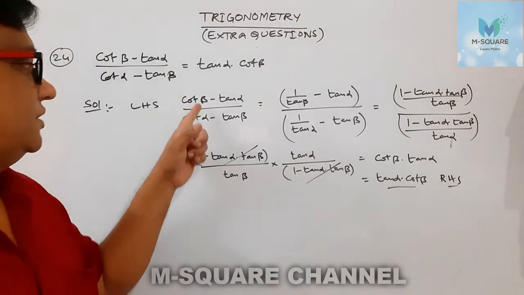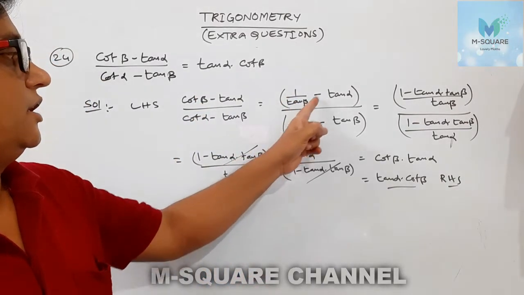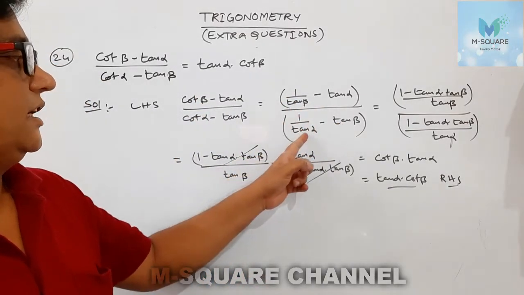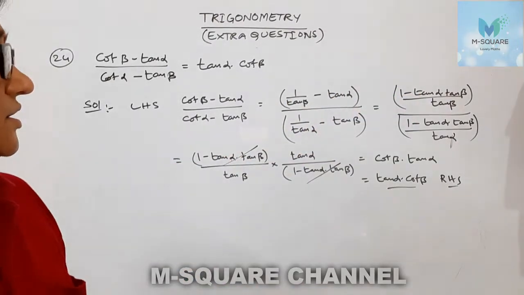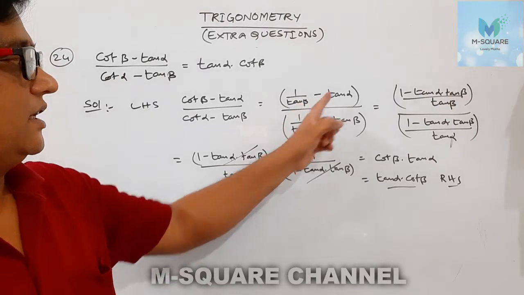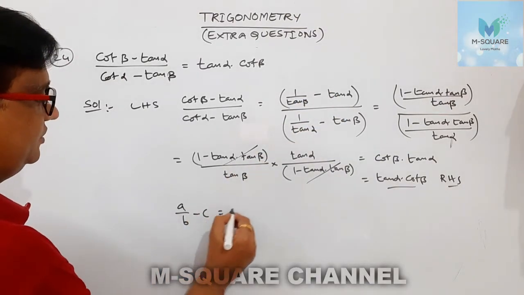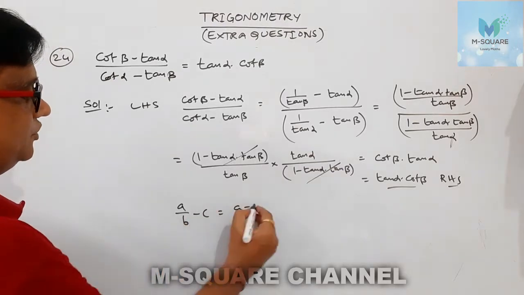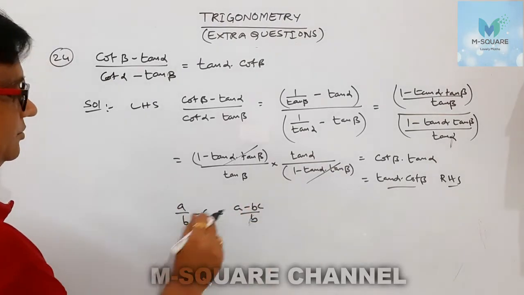In these two cases, I am going to change cot alpha and cot beta: (1 by tan beta minus tan alpha) by (1 by tan alpha minus tan beta). In the numerator, we get (1 minus tan alpha tan beta) by tan beta. Directly you can write it: a by b minus c means a minus bc by b.